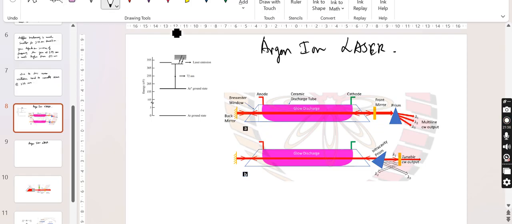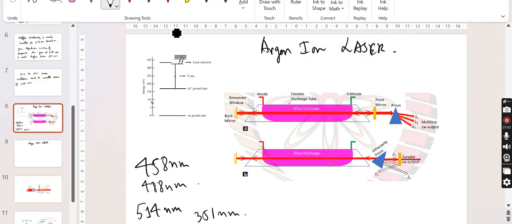The most popular wavelengths for the argon laser are 458 nanometer, 488 nanometer, 514 nanometer, and 351 nanometer.